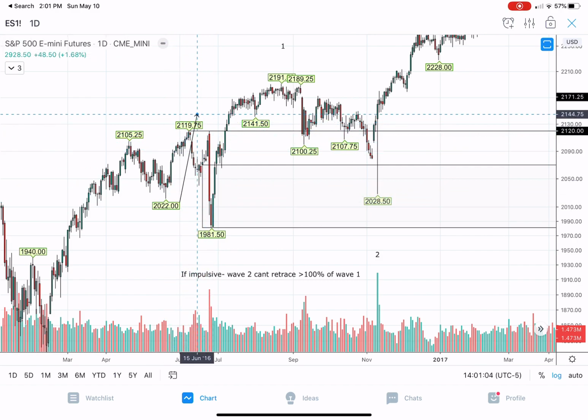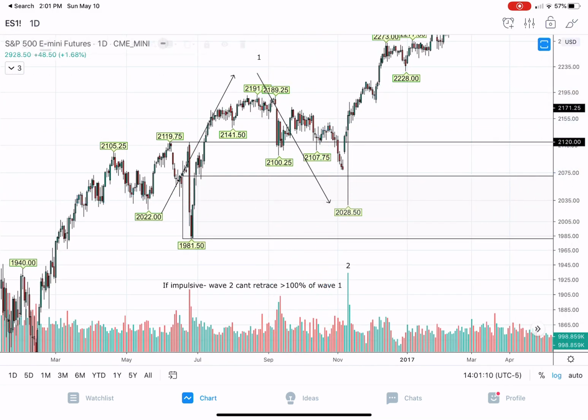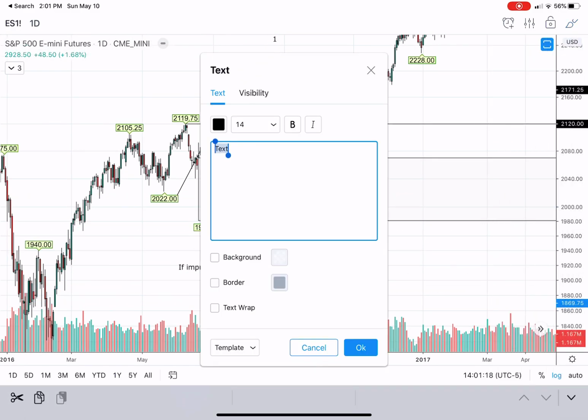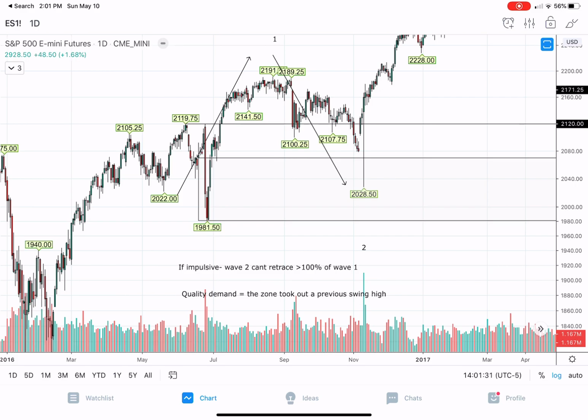It broke above this 2120 high, made a higher high, and then it pulled back into demand here. So this is actually a quality demand zone because it took out a prior high. So quality demand equals the zone took out a previous swing high. And then the opposite would obviously hold true for supply.